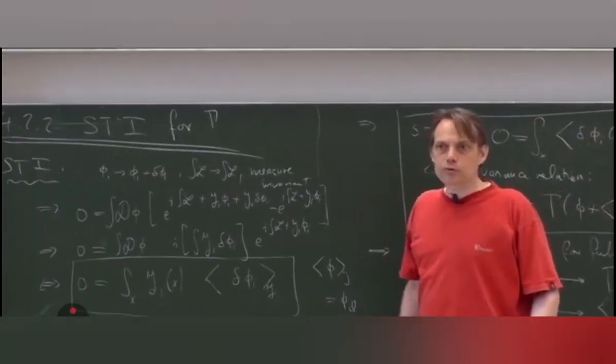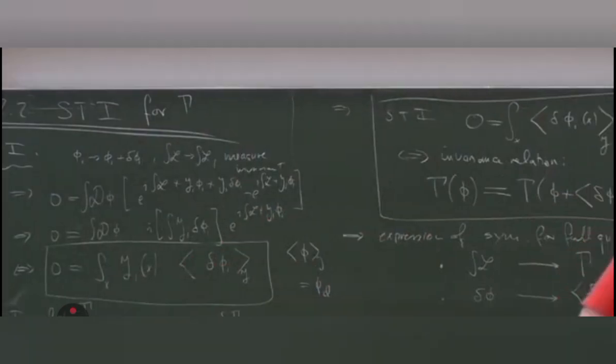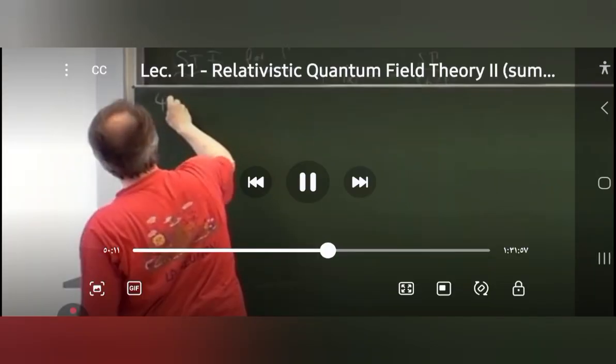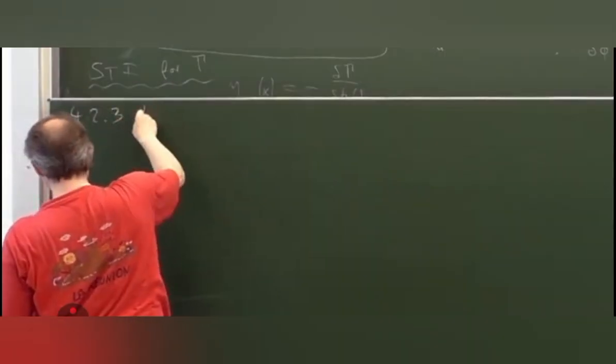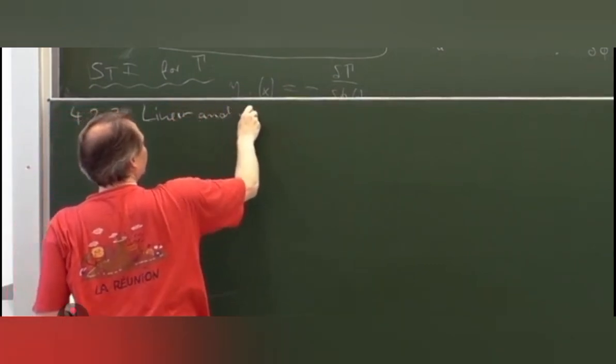Okay, but let me just do this in more explicit terms, because I wanted to do it anyway in more detail, because that is kind of important. So as I said, let us contrast linear and nonlinear field transformations.